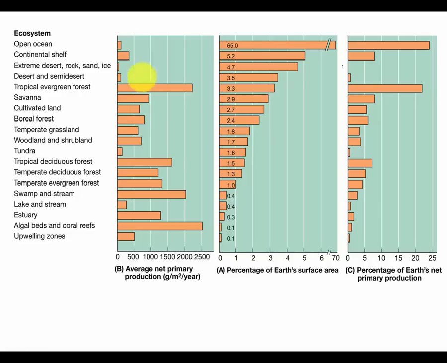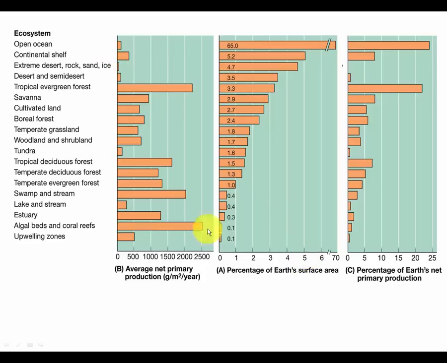What's interesting is that some areas that you might not think of as being really poor in productivity very much are. The open ocean and nearshore ocean areas are very, very nutrient poor. What they're generally lacking in is iron. And so per square meter, places like the open ocean are basically worse than a desert.